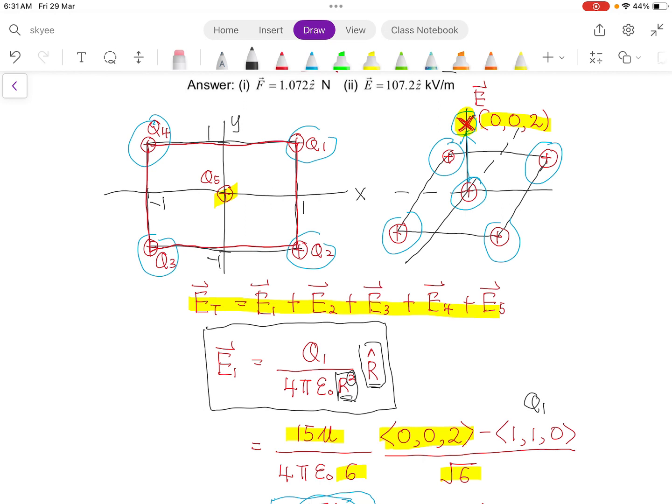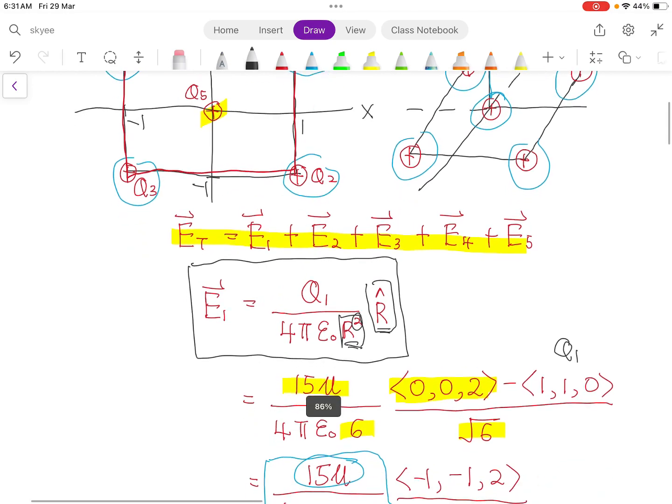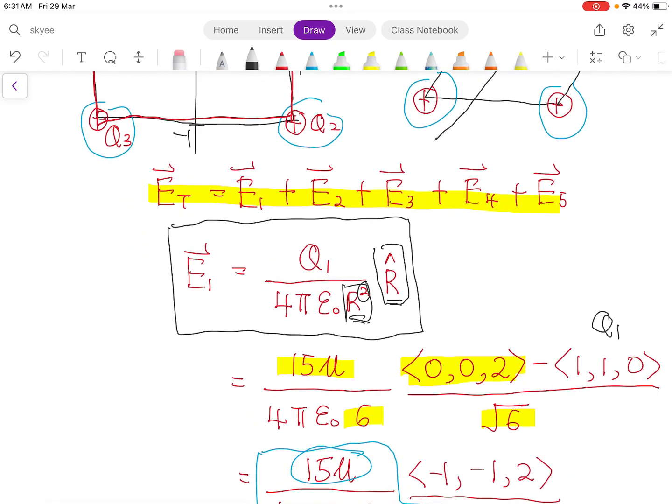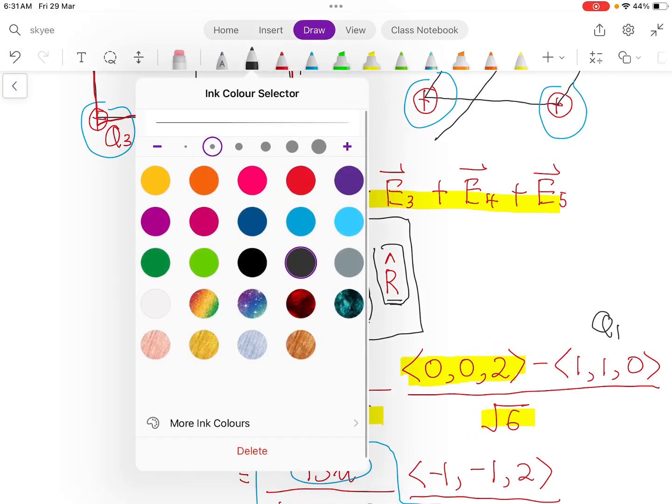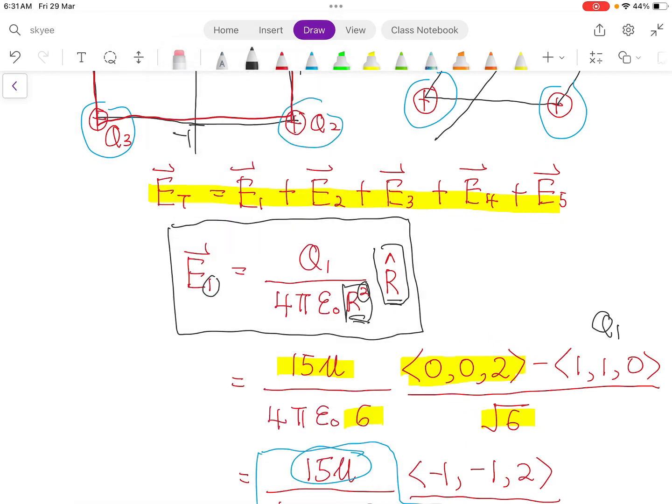In order to get the total E, you have to find E1, E2, E3, E4, and E5. The general equation to find E will be this one, and the labeling, 1 and 2, depends on which charge you want to calculate the electric field from.